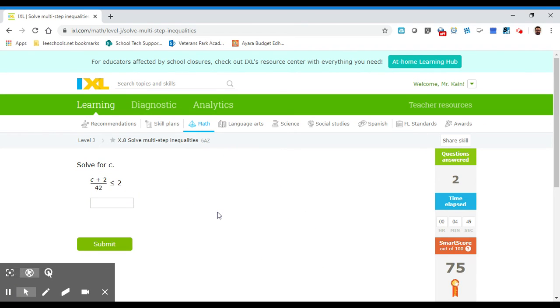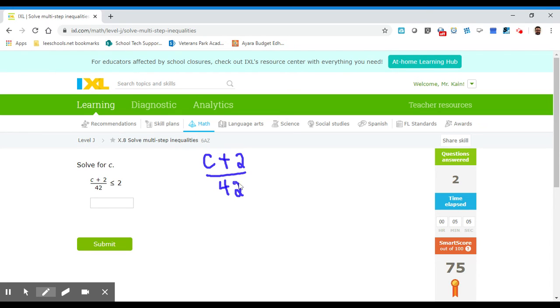All right, we are now up to the SMART score of 75, and we're getting into some hairier problems here. So let's look at this. We have c plus 2 divided by 42 has to be the set of numbers that are less than or equal to the number 2.